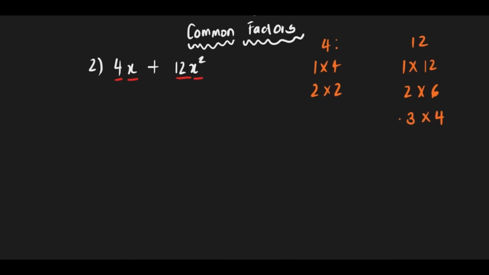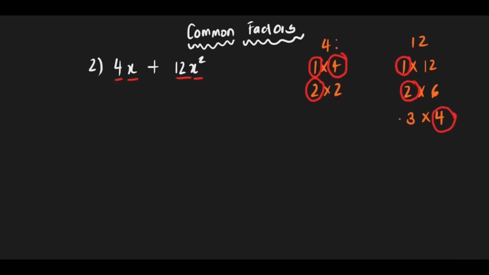Now what we do is we're going to circle the common factors. The common factors are 1 and 1 here, and the other one is 2 and 2 here, right? And we have 4 and 4 here, right? So we have circled the common factors.